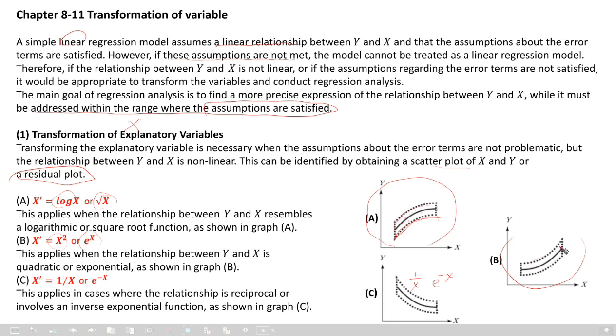The dotted line is the data, which are distributed consistently in a band, in some band. Then you may transform the explanatory variable x. It is a little simple thing.